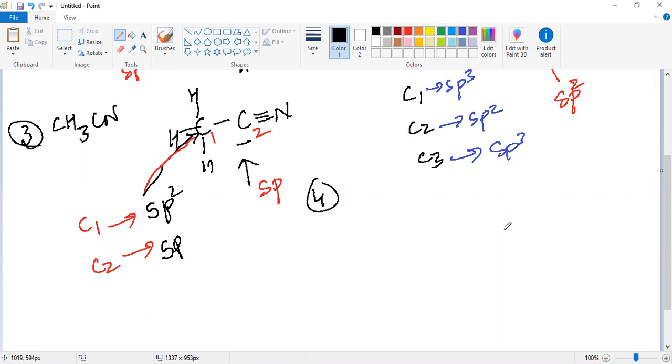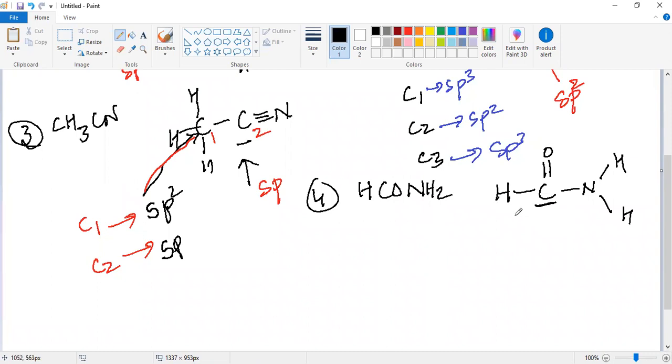Now we have the fourth example. The fourth example is HCONH2. This is how I represented it: H, then we have C, then double bond O, then N, and then we have H and H. Please find out what is the hybridization for this carbon.